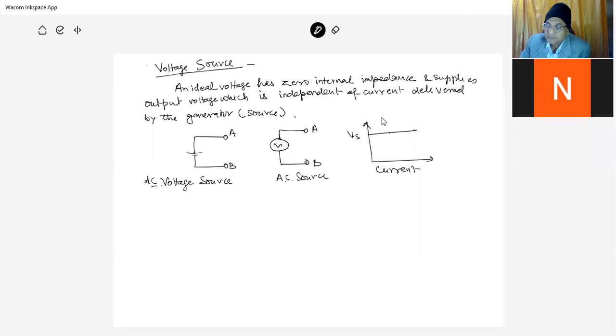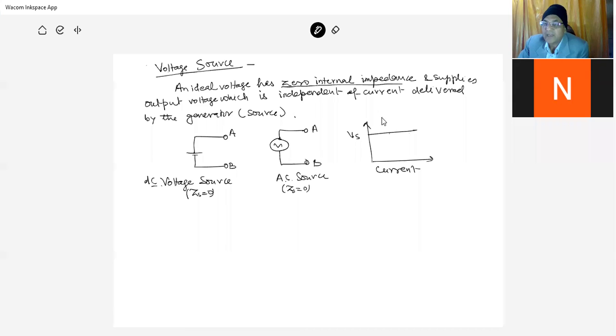But any zero internal impedance, that is if you say ZS is equal to 0, this is not possible.